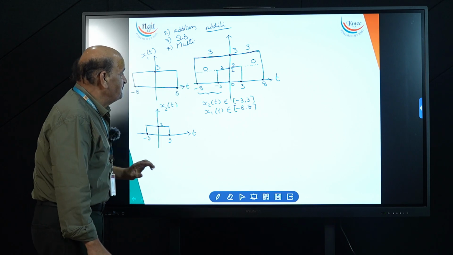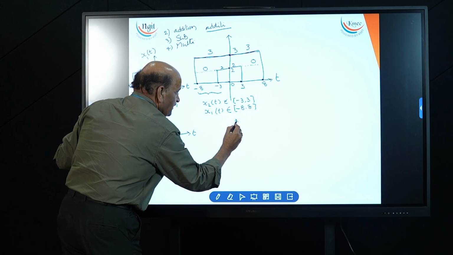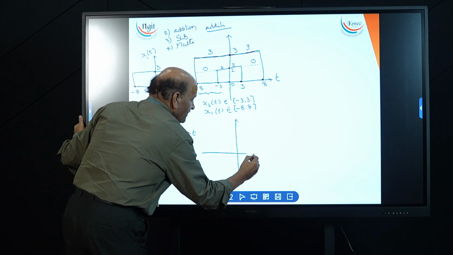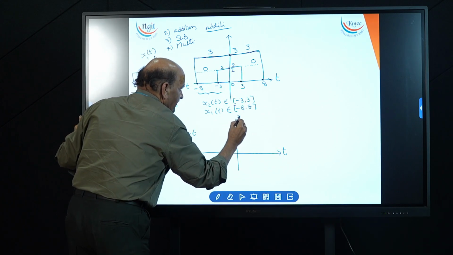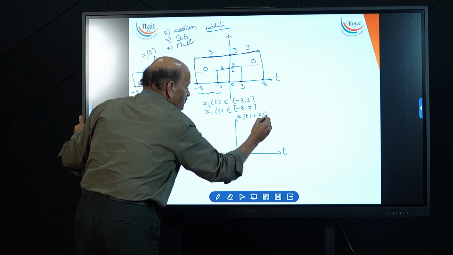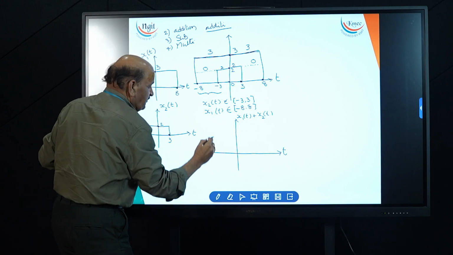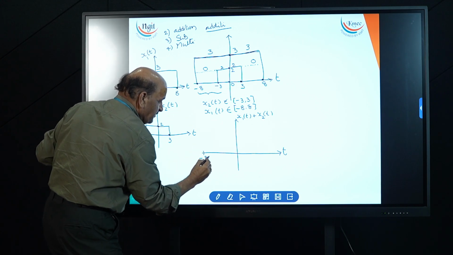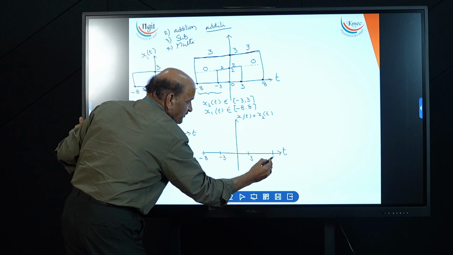Now just look at, addition means what? This is t. This is a combined signal because we are adding these two, x1 of t, x2 of t. Now just look at same, -8, -3, 3, this is 8.